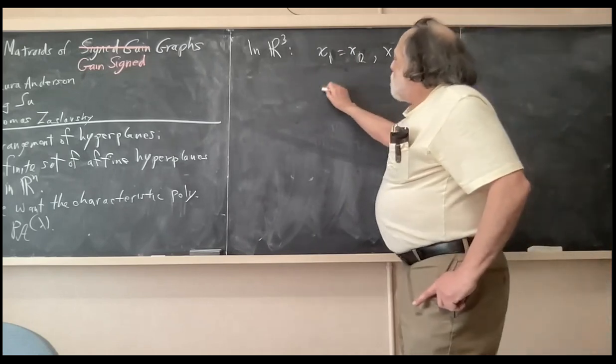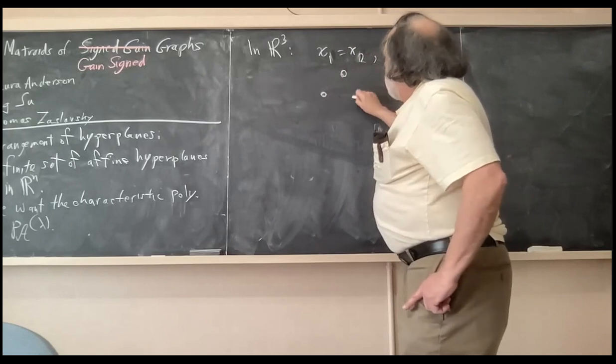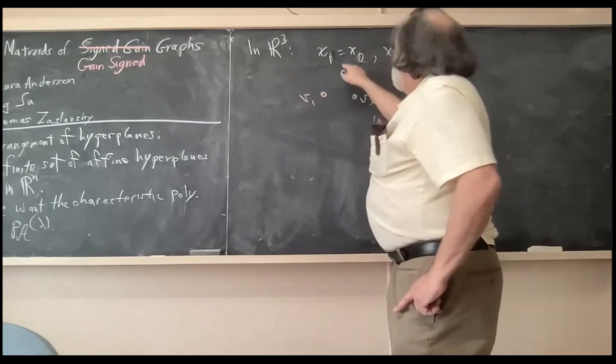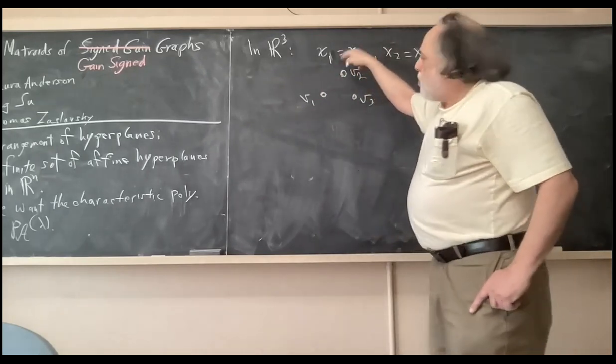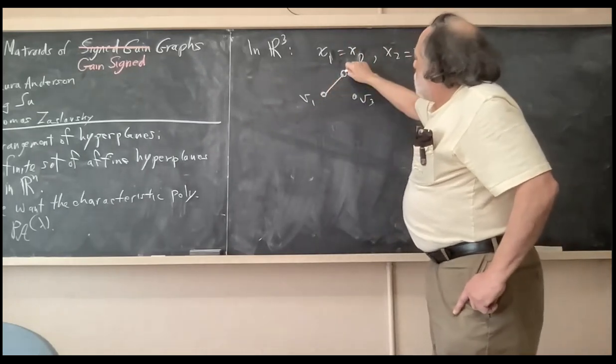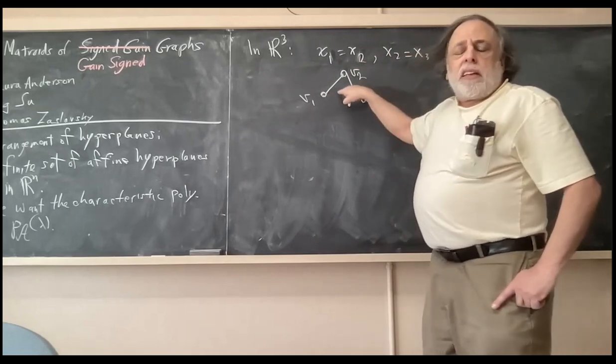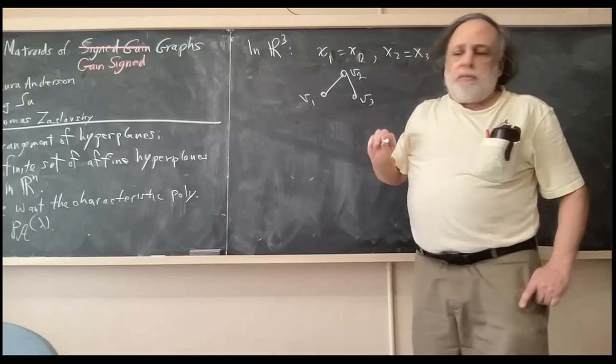To find the characteristic polynomial, I will make a vertex set of 3 vertices. And I will treat this x1 equals x2 as meaning an edge between v1 and v2. And this hyperplane x2 equals x3 gives an edge between v2 and v3.